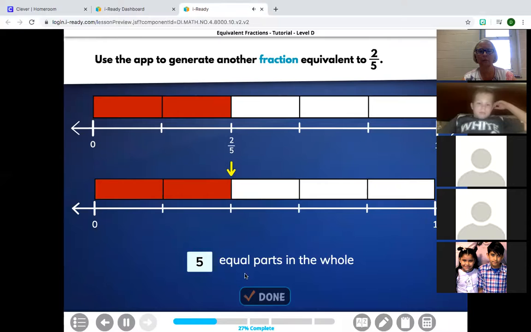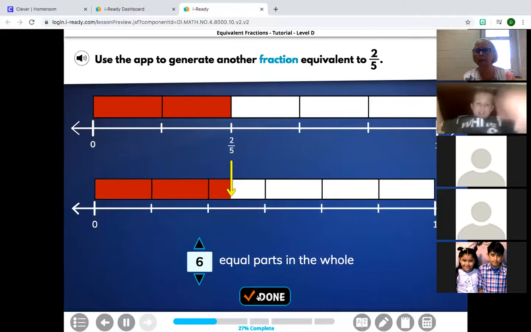Click on the arrows to generate another fraction that names the same point on the number line as 2/5. Help me out, guys. What should I do? I think it's 10. Well, no, you can't do 10.